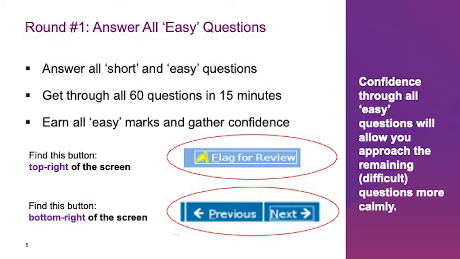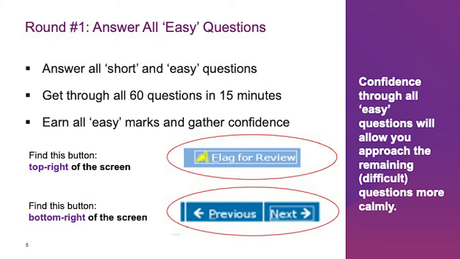These include brief knowledge and definition multiple choice questions where the correct answer is identified immediately without the need for rereading of the question stem or the options. At the end of the first round, you may have answered all easy questions in the exam and thereby gathered some confidence. This confidence will allow you to relax a little and approach the remaining questions more calmly.